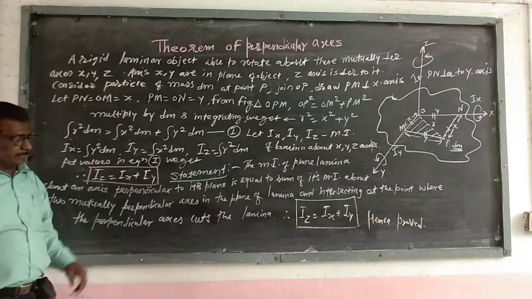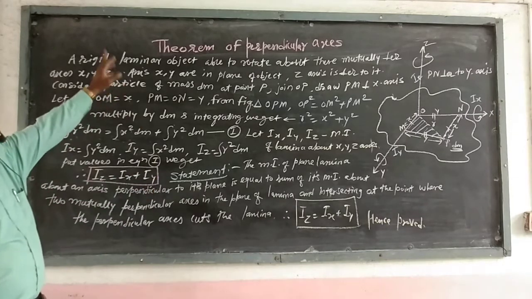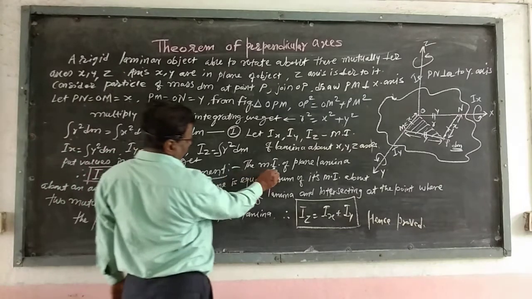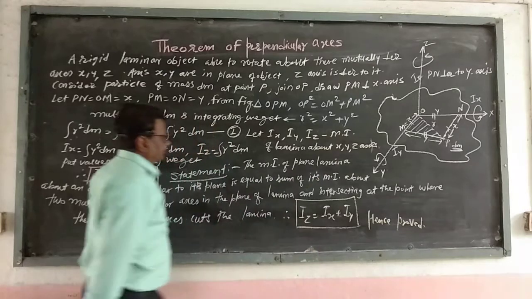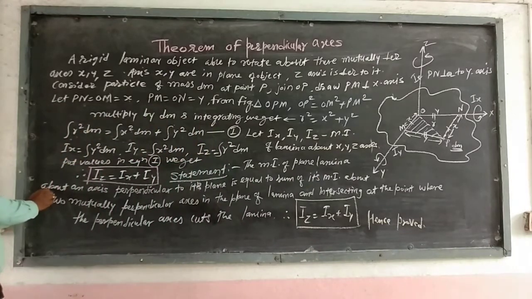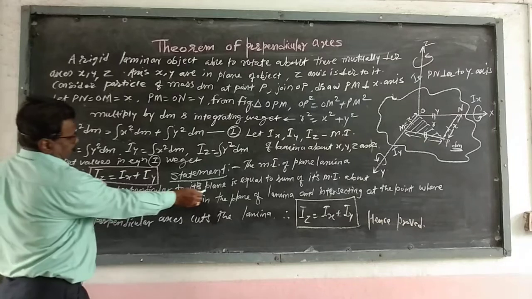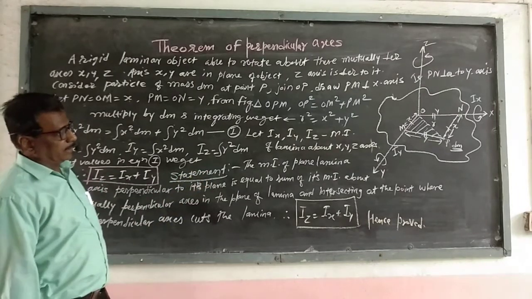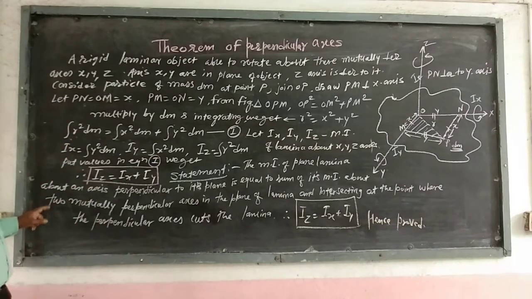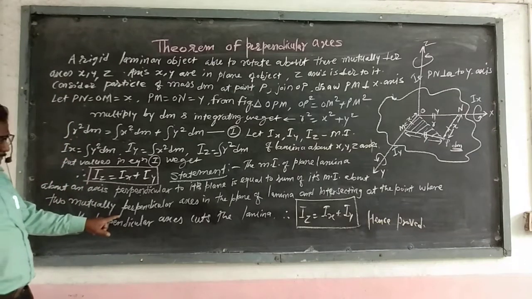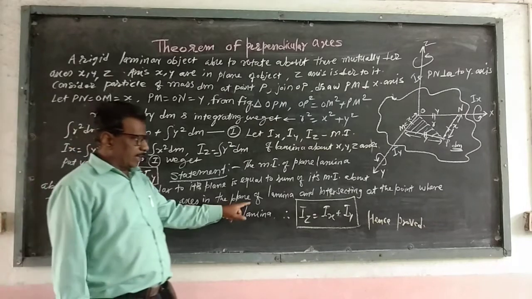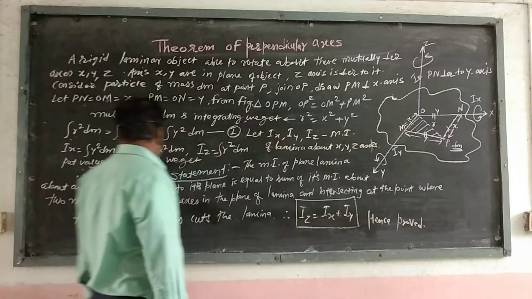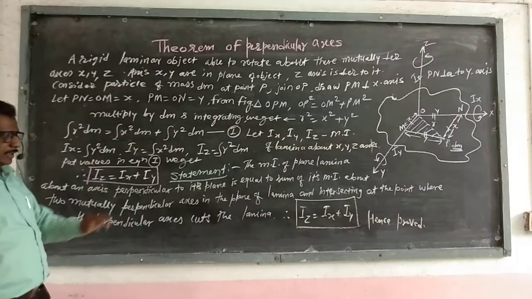Now the statement of the theorem of perpendicular axis is that the moment of inertia of a plane lamina about an axis perpendicular to its plane is equal to the sum of its moments of inertia about 2 mutually perpendicular axes in the plane of the lamina and intersecting at the point where the perpendicular axis cuts the lamina.